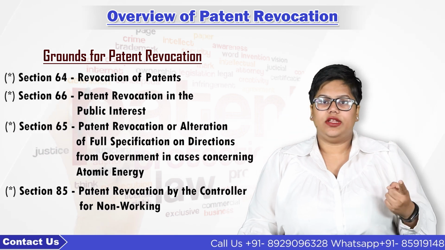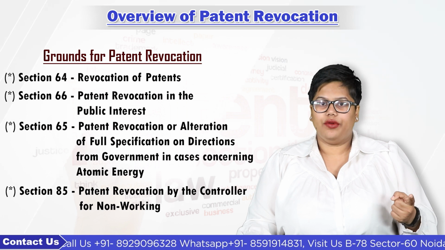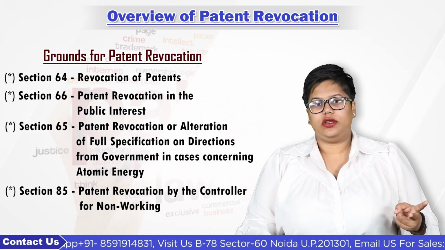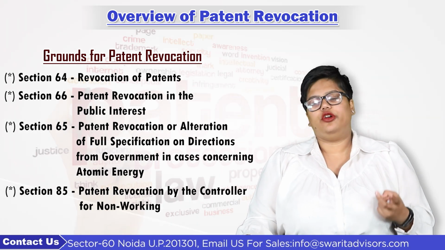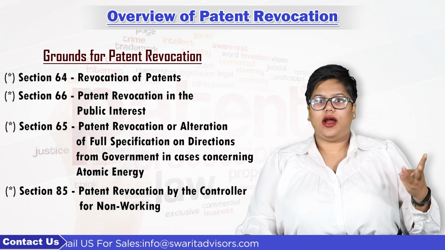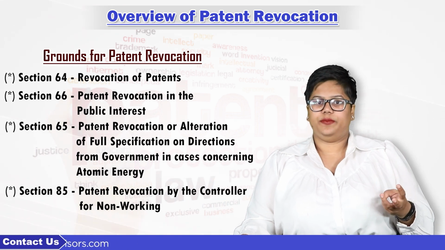That the patented invention has not been worked in the territory of India. 2. The patented invention is not available to the general public at a reasonably affordable price. 3. The requirements of the public regarding the patented invention have not been satisfied.